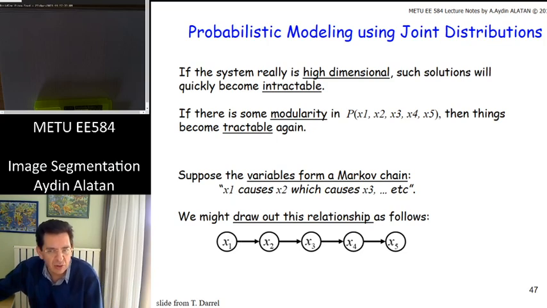x1 causes x2, x2 causes x3, and it goes on like this. We draw this relationship by using a graph, okay? This graph says that these random variables are related, and x4 is controlling x5, and it goes on like this.